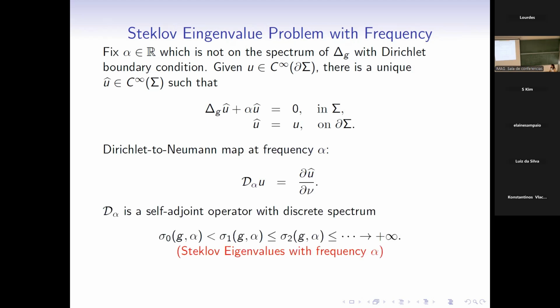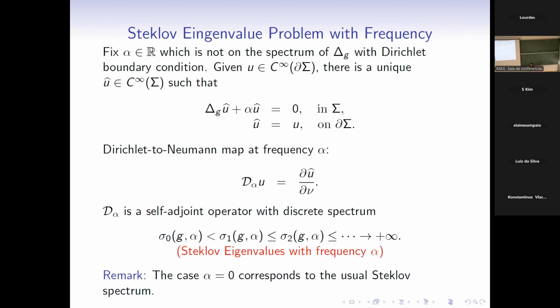And this operator is also nice. It has discrete spectrum that converges to infinity. They are called Steklov eigenvalues with frequency alpha, but it doesn't have the same property that the first one is always trivial. It might not be trivial, 0, I mean, okay? And of course, when you consider alpha here, the frequency, you put 0, that's your usual Dirichlet to Neumann map.